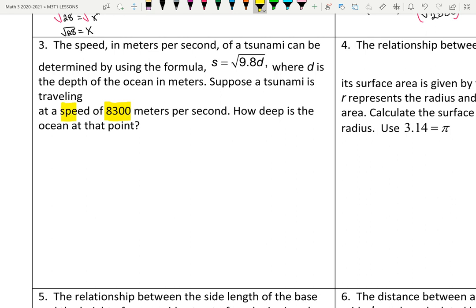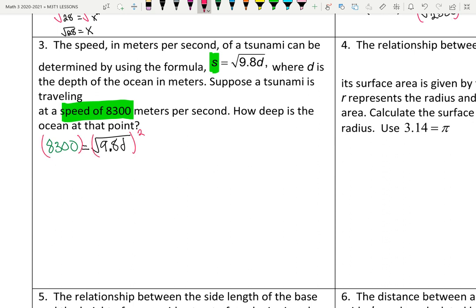Well, the speed is 8,300, right? So S is going to be 8,300 equals the square root of 9.8d. Well, I see square root.